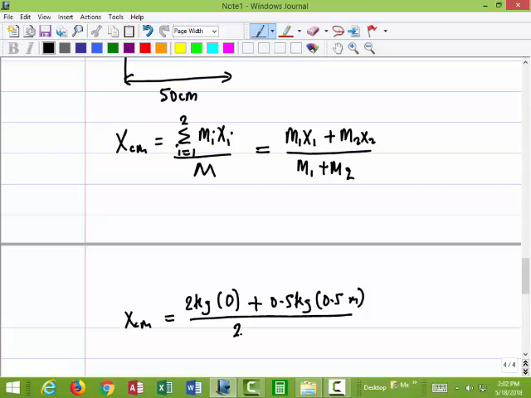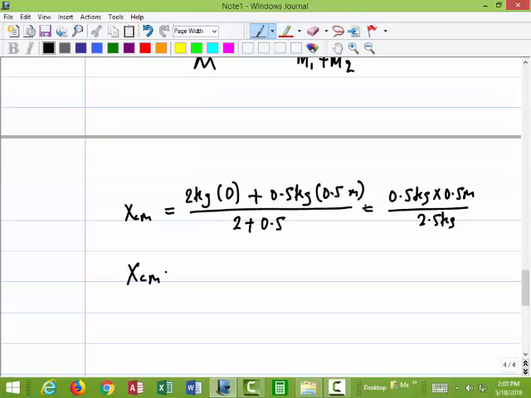Divide that by 2 plus 0.5, and that gives us 0.5 kilograms times 0.5 meters divided by 2.5 kilograms. So the location of the X center of mass is 0.25 kilogram meters divided by 2.5 kilograms. This is equal to 0.1 meters. So the location of the center of mass is the 10 centimeter location along the rod.